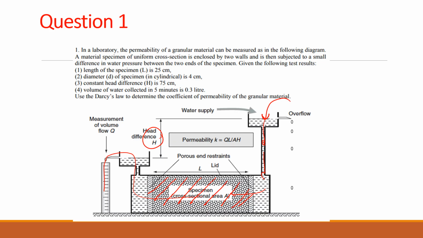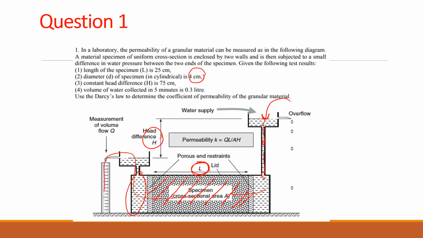So they have given us a few pieces of information. In the laboratory, the permeability of granular material can be measured as in the following diagram. The material specimen of uniform cross-section is enclosed by 2 walls and is then subjected to a small difference in the water pressure. And they are saying the length of the specimen, that means this length, is given to us, and the diameter of the cylinder is also given to us.